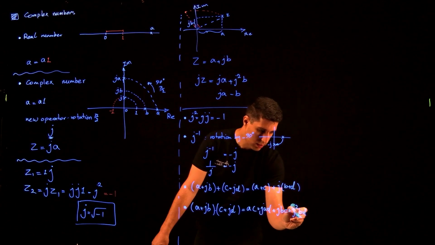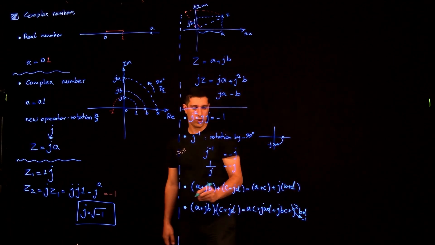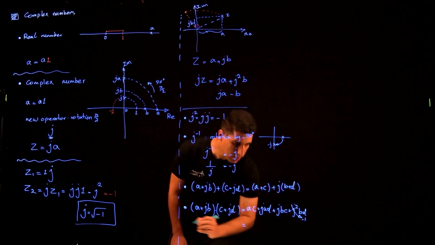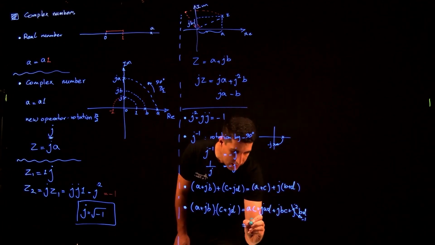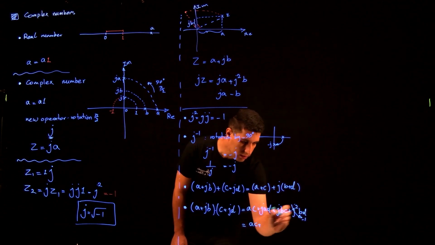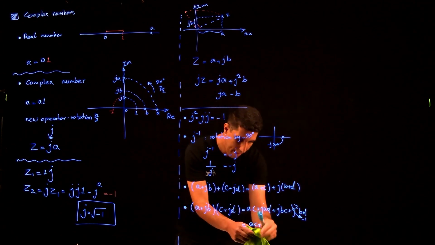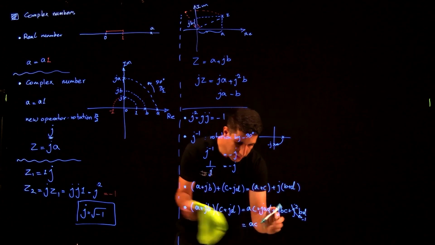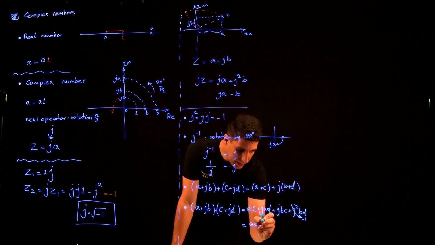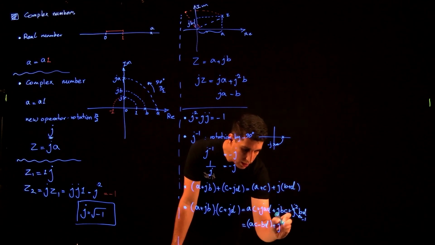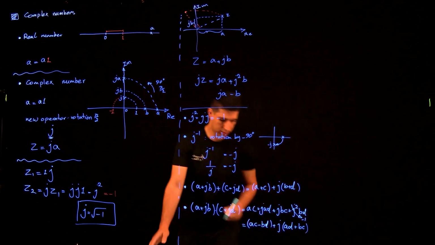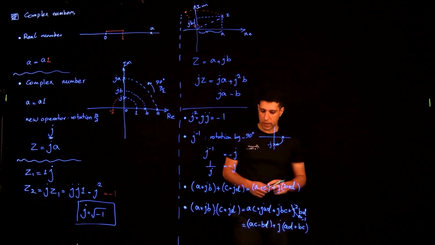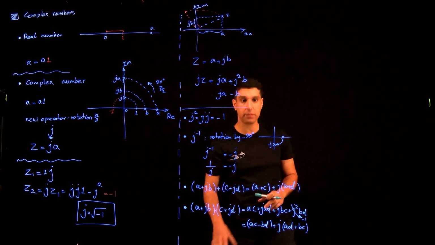I just saw this is minus 1, and I can collect or factor all the real parts and imaginary parts. I have AC minus BD plus J times AD plus BC. You can do all sorts of manipulations with complex numbers.